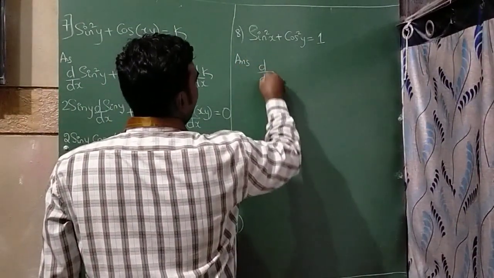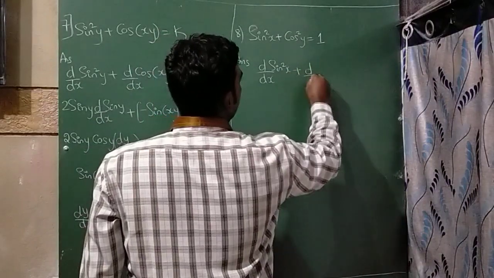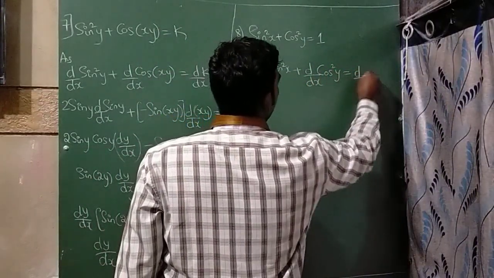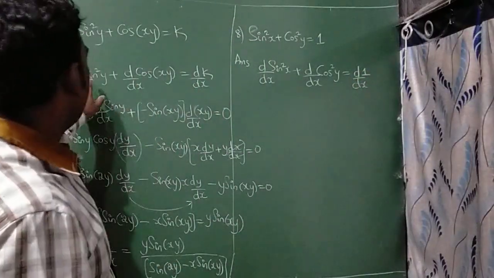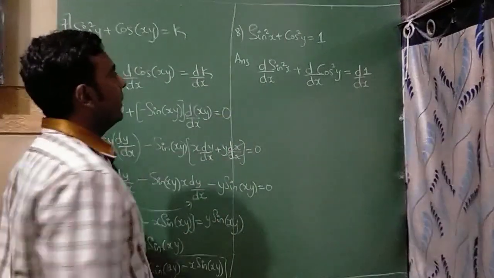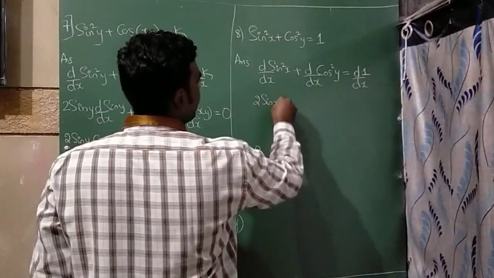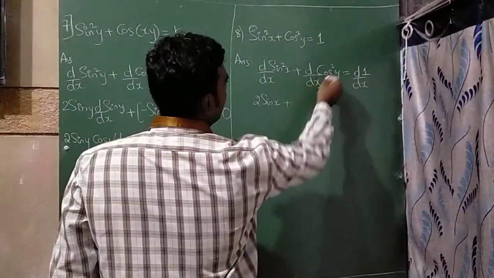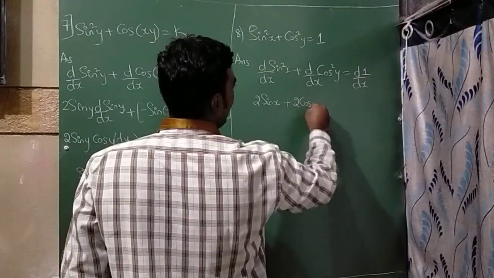Here d by dx of sin square x plus d by dx of cos square y is equal to d by dx of 1. Again same here. So d by dx of sin square is 2 sin x, right? Now plus d by dx of cos square y is 2 cos y.